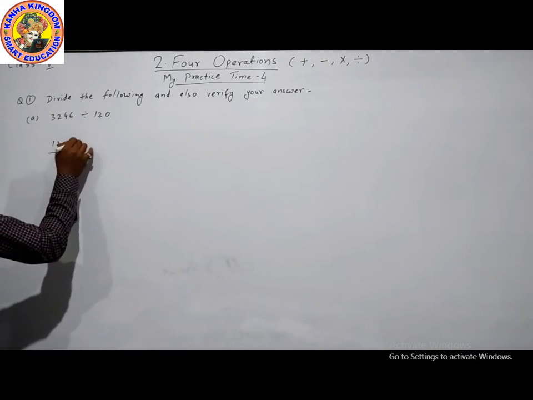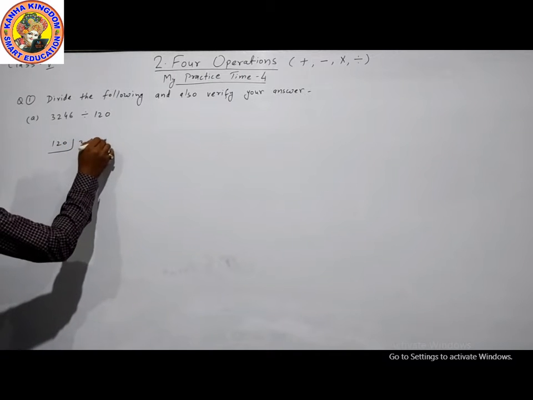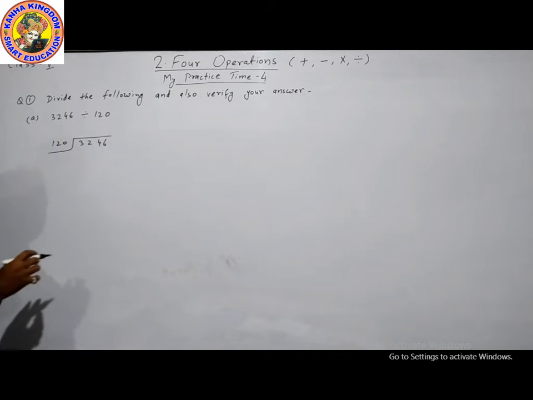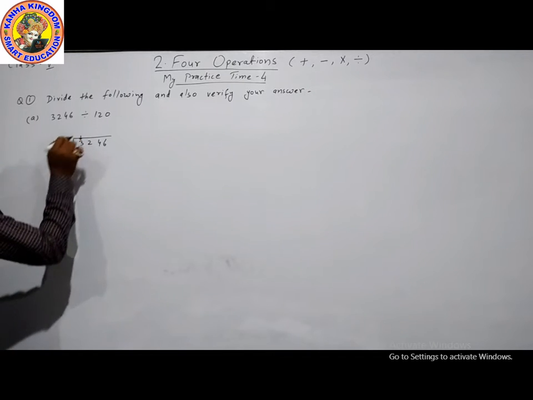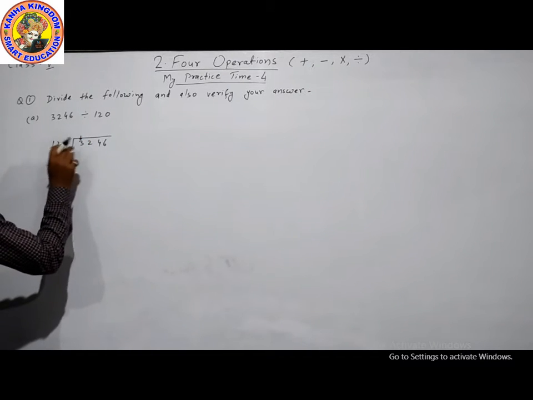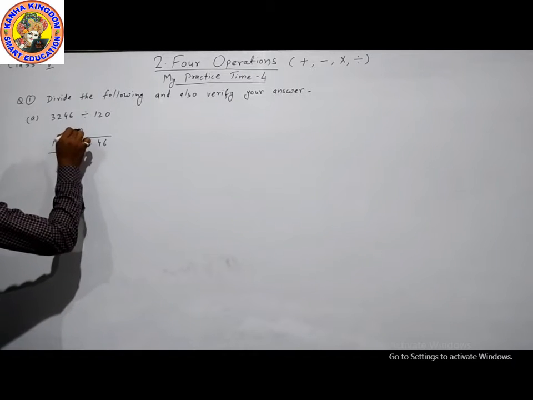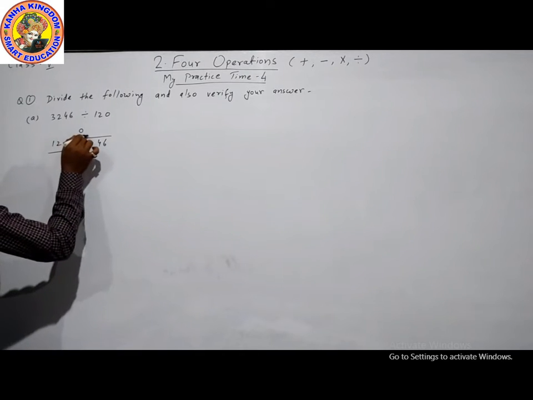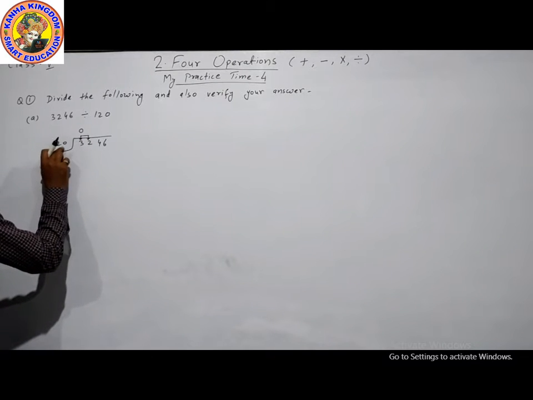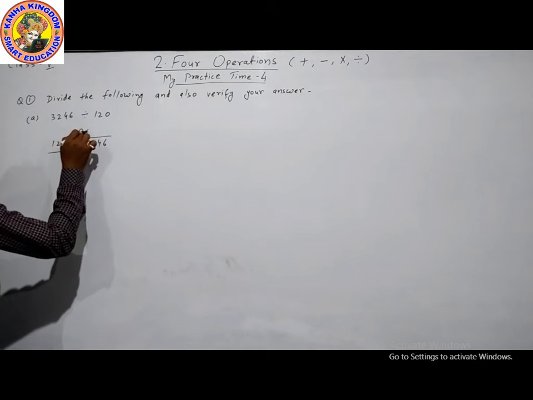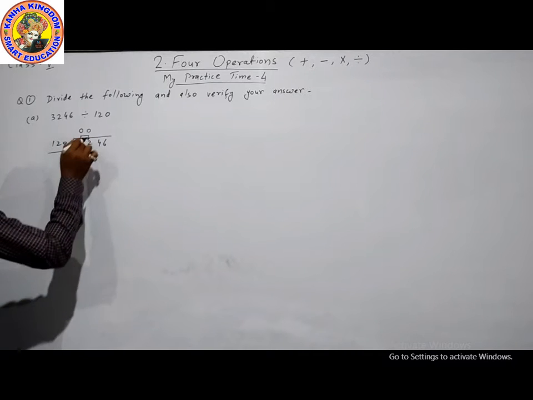120 divides this number. Now 3246 divided by 120. 3 cannot be divided, the number is smaller. Now we take two numbers, 32, and 120; the number is smaller, so we cannot divide.